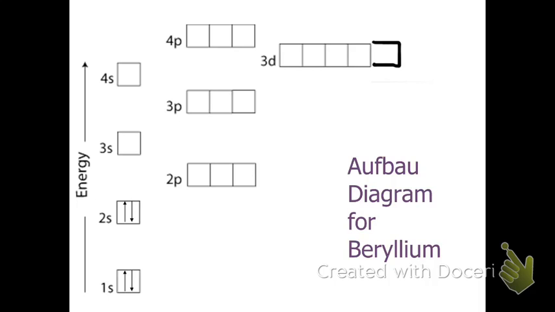Now we'll move on to the next element, which is beryllium. We see that we now have filled up the 2s orbital completely. We've paired that electron, and we would list this electron configuration as 1s2, 2s2. So that would be the electron configuration for beryllium.